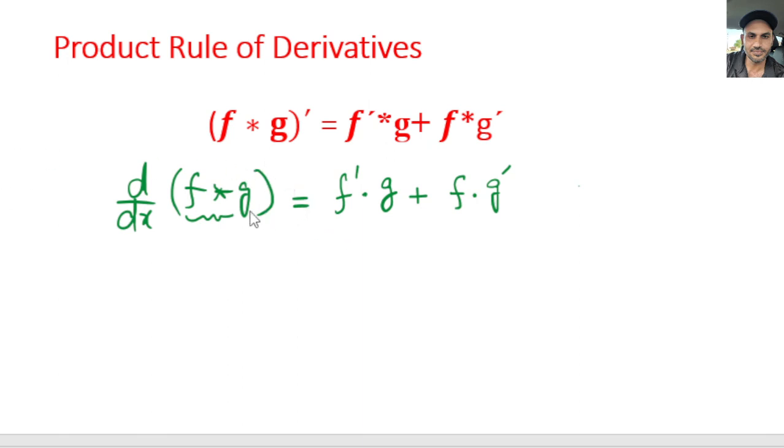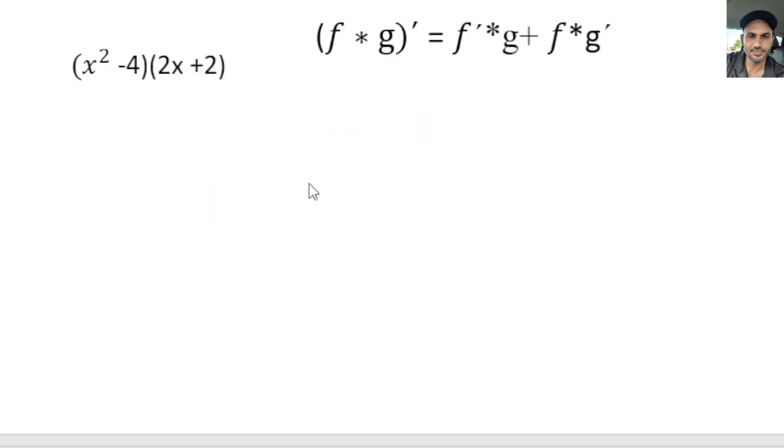So let's go ahead and apply this rule to one of our examples and work it out. Here's our expression. We want to apply this rule to solve for the derivative of this expression. So let me write it down. We want to take the derivative of x squared minus 4 times 2x plus 2.